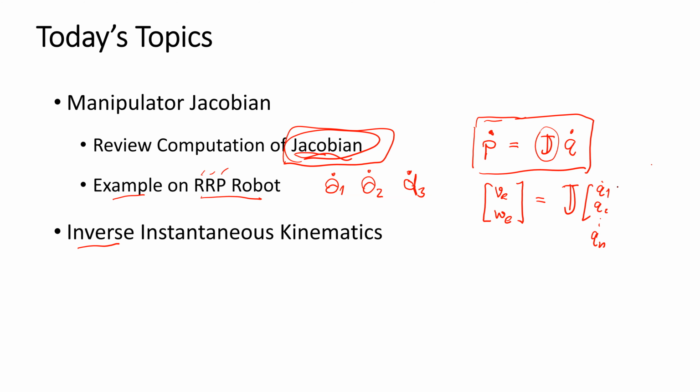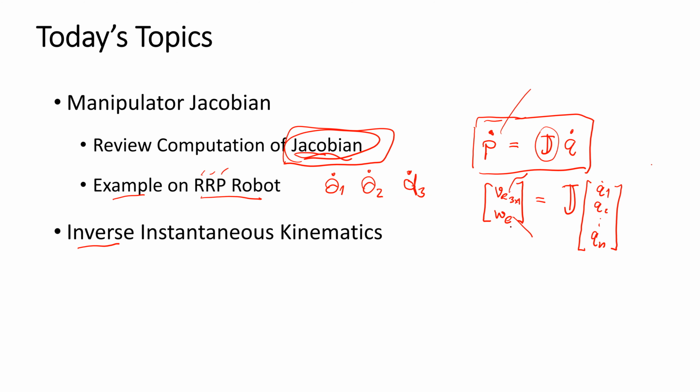We may have n joints, and it's gonna relate to the velocity vector. The velocity vector consists of 2 parts: the linear velocity and the angular velocity. The linear velocity is a 3 by 1 vector.